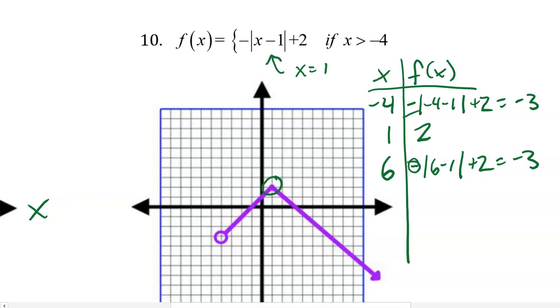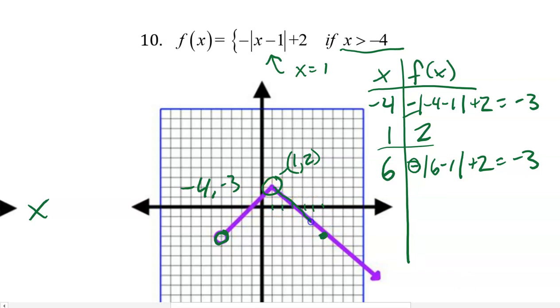So when we go to plot it, x must be strictly greater than -4. So at the point (-4, -3), we draw an open circle. At the point x equals 1, we have f of x equals 2. And at the point where x equals 6, 1, 2, 3, 4, 5, 6, we again should be at -3.